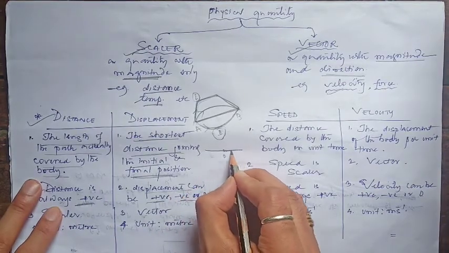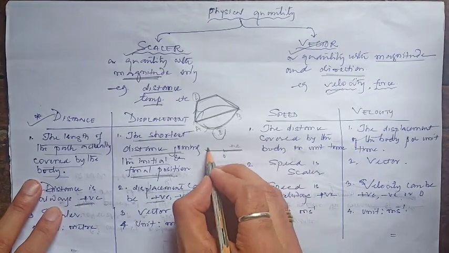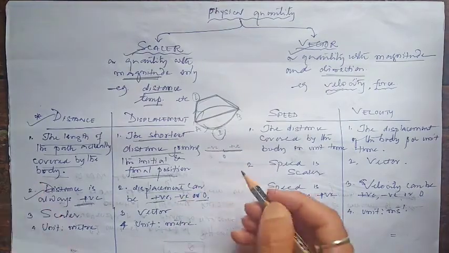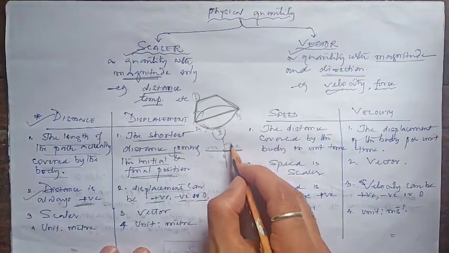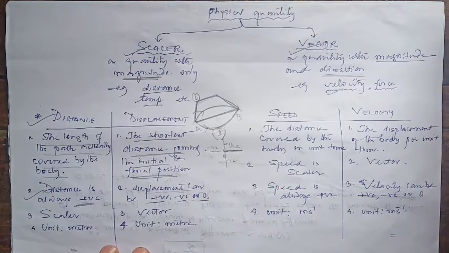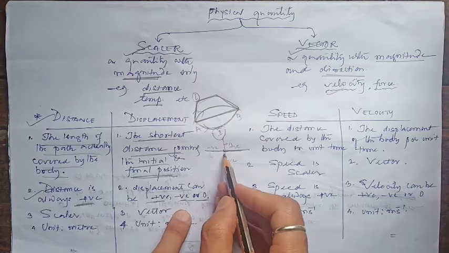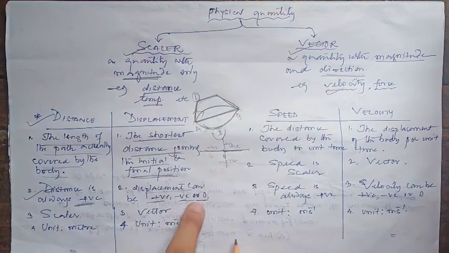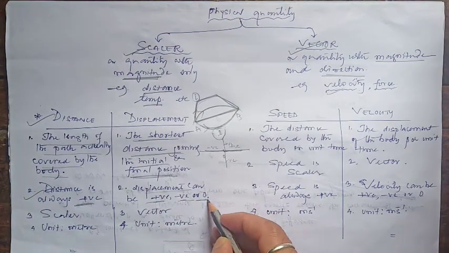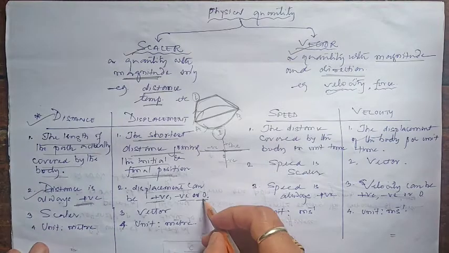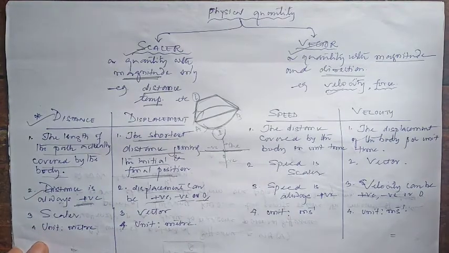This is the origin. Towards the right side we consider positive, and towards the left side we consider negative. So upward we consider positive and downward negative. So when I say positive, it means the displacement is towards the right side. When I say negative, the displacement is towards the left side. And zero displacement, we'll discuss about this zero displacement after a short while, students.